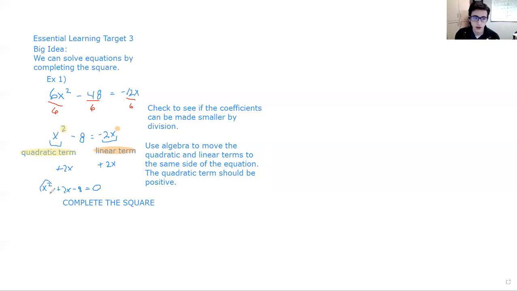You'll have your quadratic term, your linear term, and then some constant term. You need all 3 pieces to complete the square, to make a complete set. Now, the third term, the constant term, is very specific. It has to match with the quadratic and the linear. So this negative 8 actually does not go with the x squared and the 2x. We need to figure out which number does go with that.